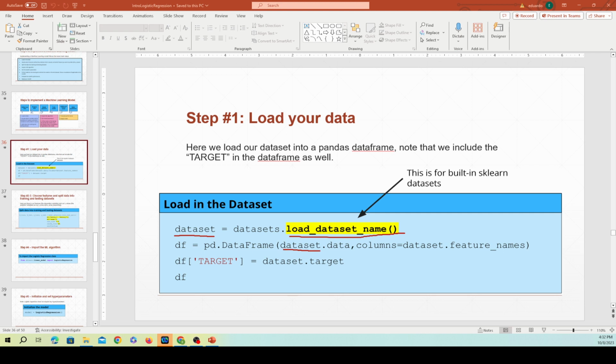So we're going to grab the data, and for the columns we'll use the data set's feature names, and then the target will be the data set's target. In Python, remember, we can leave it like that, and it will automatically do it for you.